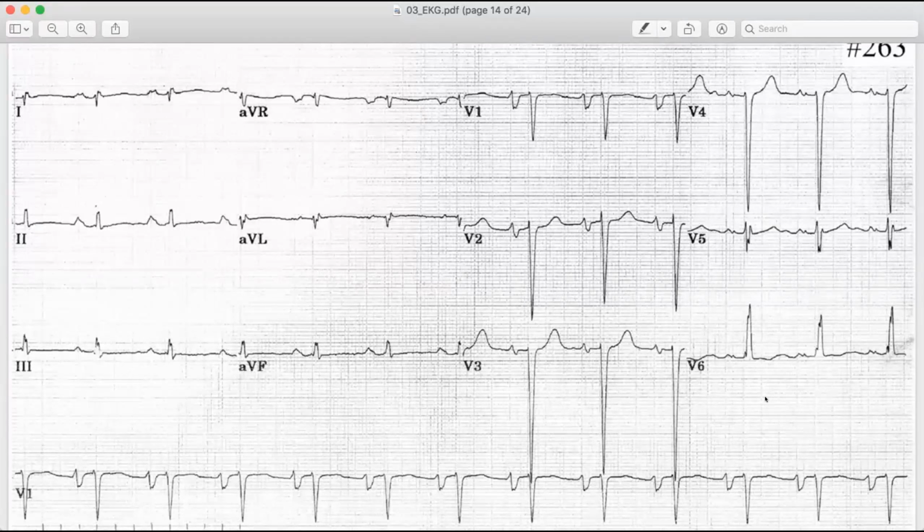That's an incomplete left bundle branch block, because you see this notching of the R in V6. Plus, all the way you see this very deep S wave on the right side. That could indicate a left bundle branch block, but because it's not wider, we have to say that it's an incomplete one.